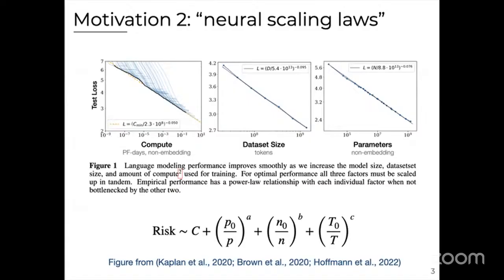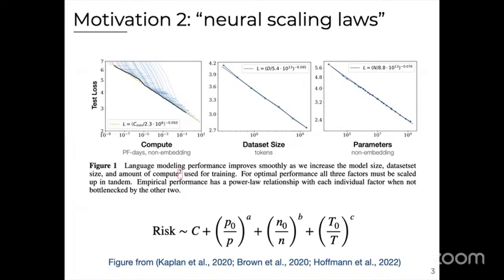They take large language models like GPT, they fix the data set size and the number of parameters, and they start increasing the compute. And they see that the performance, so that's the generalization error, goes down up to a certain point where it plateaus and becomes constant. And then they say, okay, now let's increase the data set size. And then the plateau goes down.